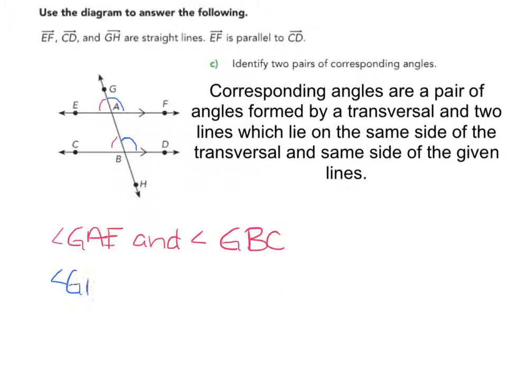So angle GAF and angle GBD would also be sets of corresponding angles. However, there are also two more sets of corresponding angles here, so we would also have angles that would be here, and here and here. So there are really four sets of corresponding angles.